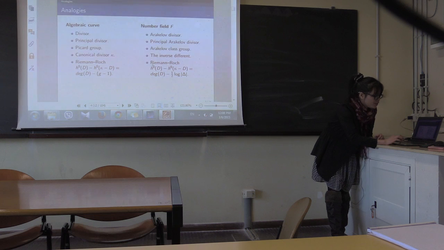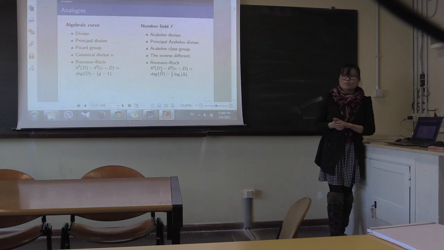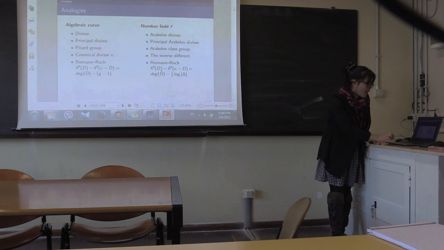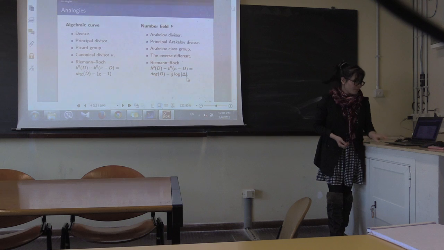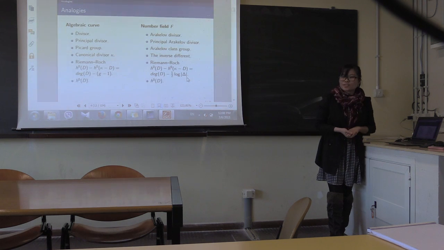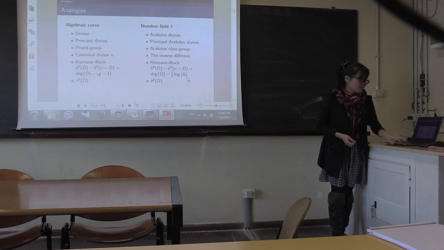And we also have H0(D), here the dimension of the Riemann-Roch space, similar to the dimension of the Riemann-Roch space. And we replace g minus 1 here by half of log delta. Here delta is the discriminant of the number field. And at the end of this talk, I will show you how to compute this function, and so on.